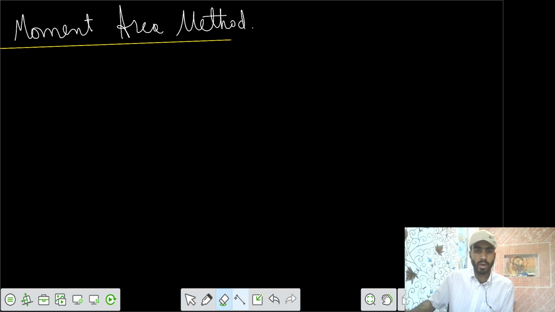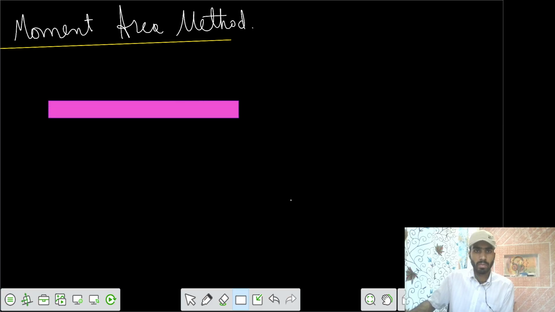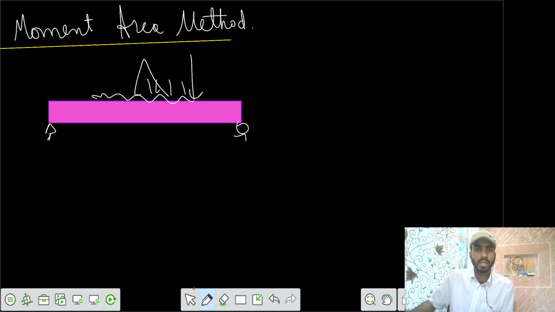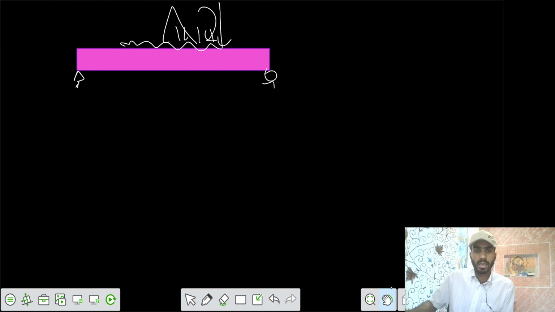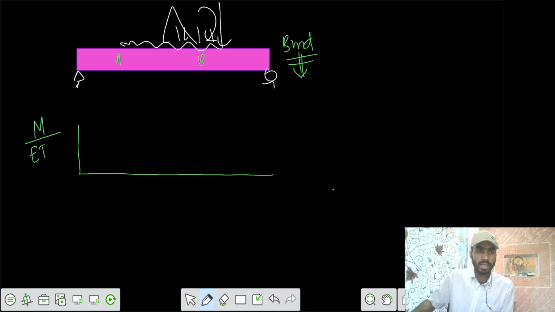So you have a beam, say a general beam, and you have a general loading, and we have two reference points, point A and point B. Then you do one thing: you get the BMD from the loading. Once you have the BMD, you take the BMD divided by EI, that's the M by EI diagram, along the length of the member.